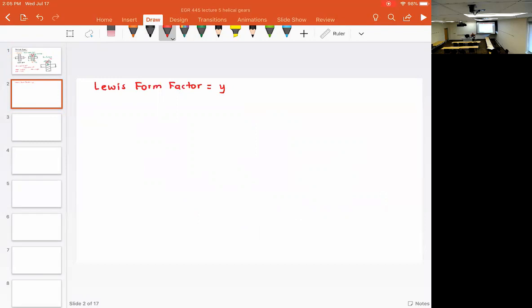So the Lewis form factor equation, if you recollect, was of the form, and I'm just going to give you the Lewis form factor equation. Say Y is equal to, just for the sake of discussion, 1.154 minus 0.912 divided by number of teeth. This was the equation for the spur gear. This equation needs to be modified for the helical gear.